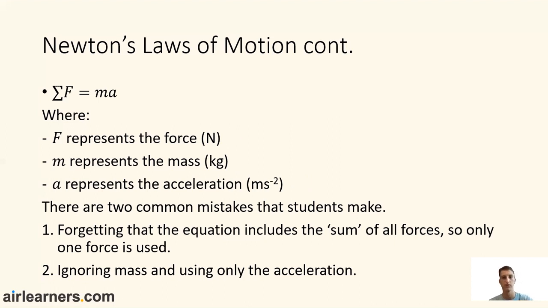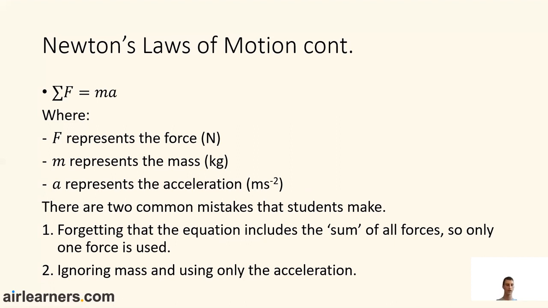So there are also 2 common mistakes, is, as I've already said, not including the sum of all forces and only using one force. I've seen that happen to a lot of people in my class. I think I've made that mistake a couple of times early on, luckily managed to rectify it, but it's something that is certainly workable. You can work on it, and once you get it right, it becomes pretty straightforward.